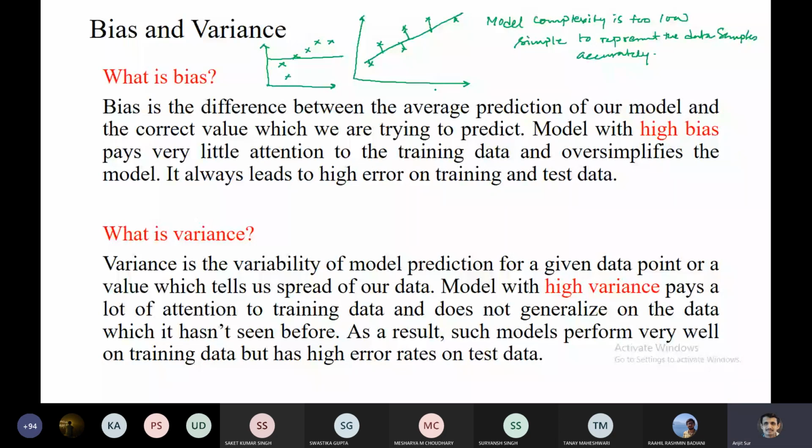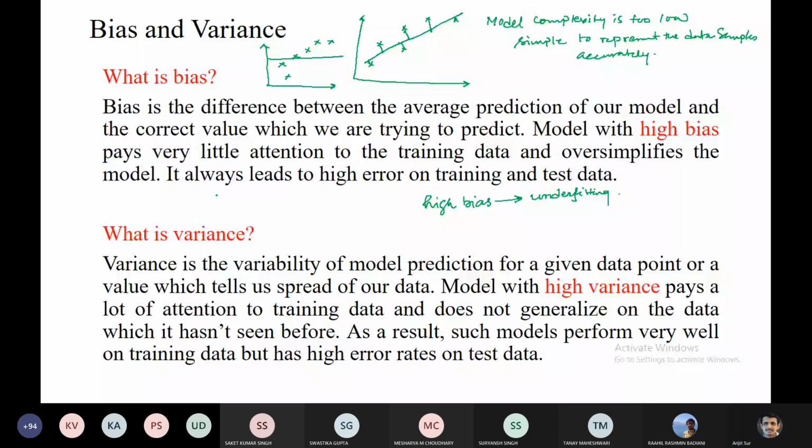So high bias is basically underfitting. It has a tendency to underfit. And definitely, if there is a lot of training error, testing error will be very high. This is called bias.